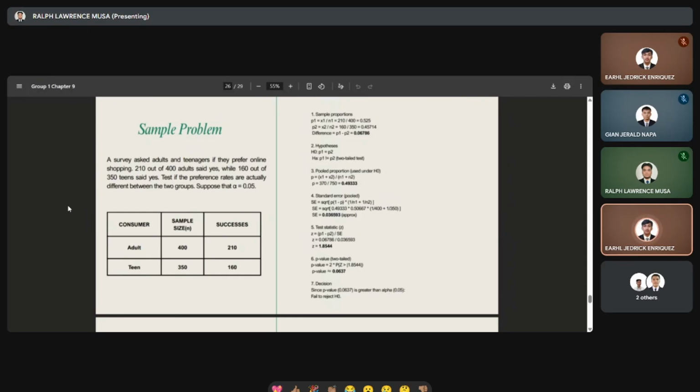The test statistic is 1.8454 and the p-value for this two-tailed test is 0.0637, which is greater than 0.05. Therefore, we fail to reject the null hypothesis, meaning there is not enough evidence to conclude that adults and teenagers differ in their preference for online shopping.